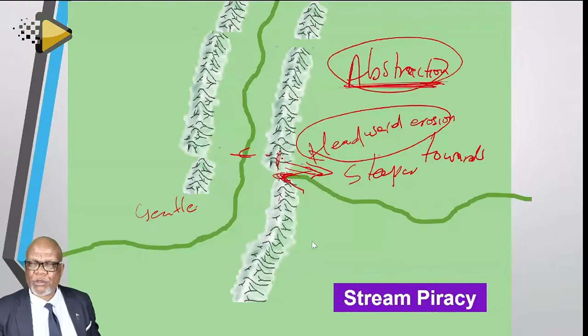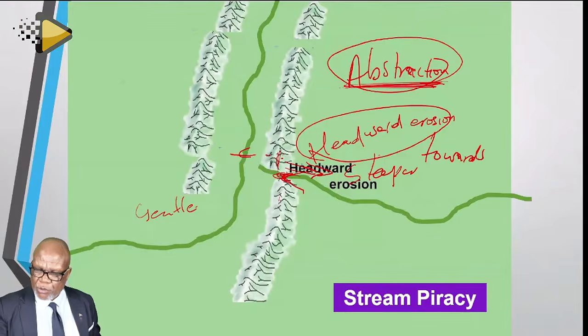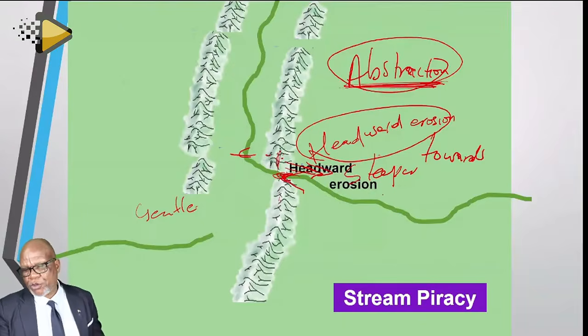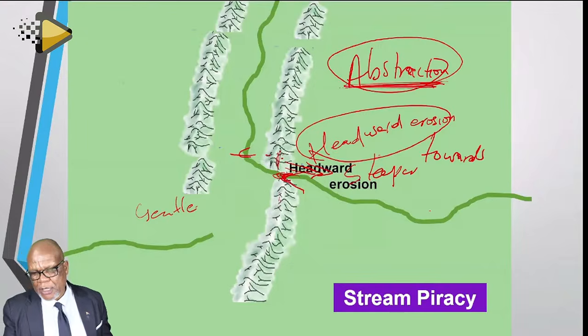And then when this erosion continues to take place, this headward erosion, this river joins this river. Now, because the area here is steeper, water is no longer going to flow towards a gentle gradient. Water is going to flow because of the steep gradient and takes direction. So what has taken place at this point?